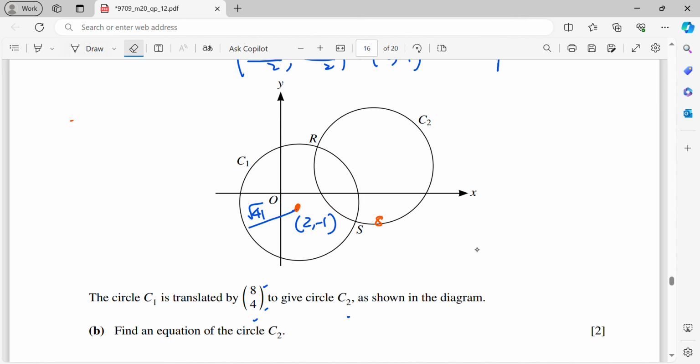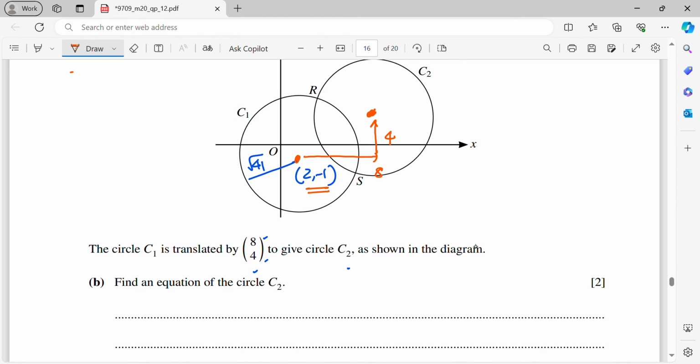And then 8 units. And then going up for 4 units. This is your new center. So here is 4. Therefore, I have to just change accordingly. Right, that means my new center, it will be 2 plus 8 and then minus 1 plus 4.